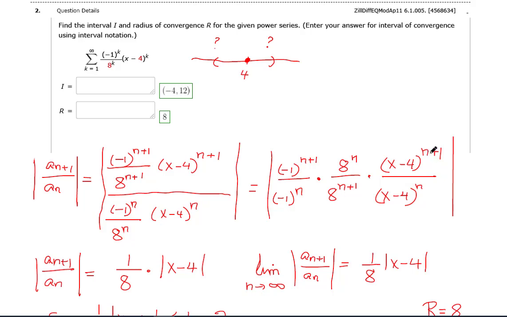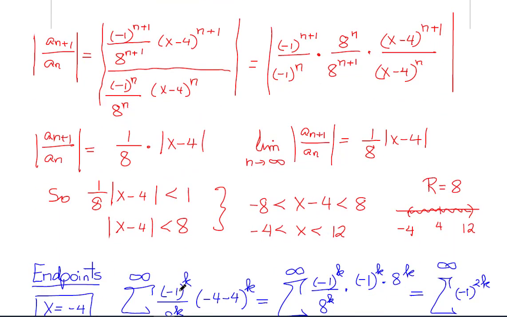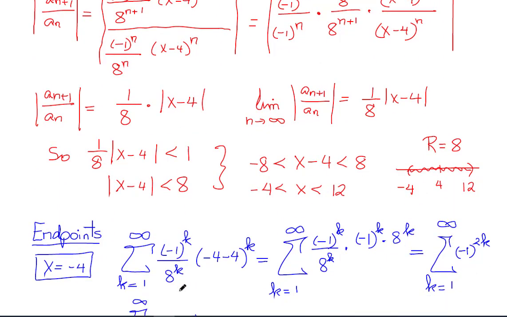X minus 4 to the n plus 1 over x minus 4 to the n just gives me absolute value x minus 4. When I take the limit, n is not anywhere in there, and so this is my limit.